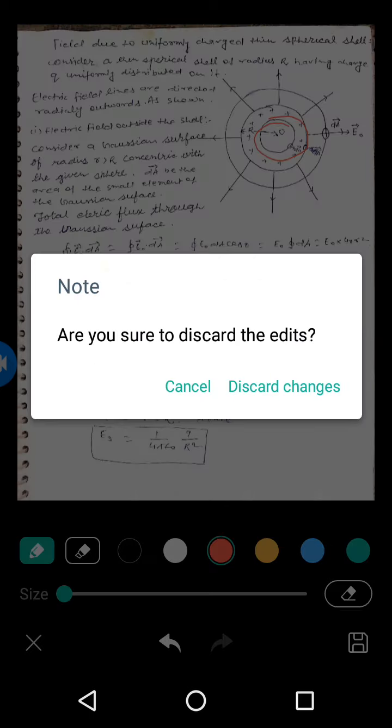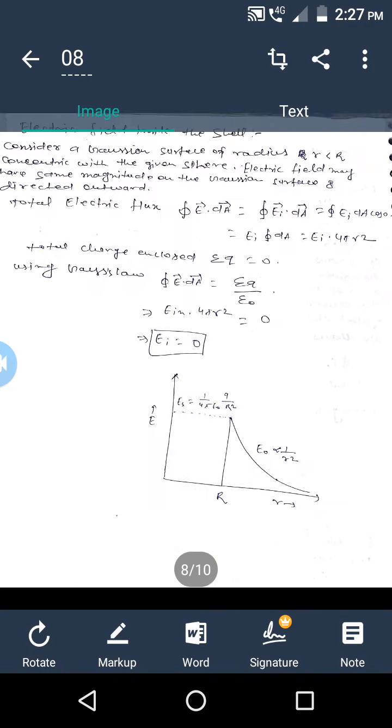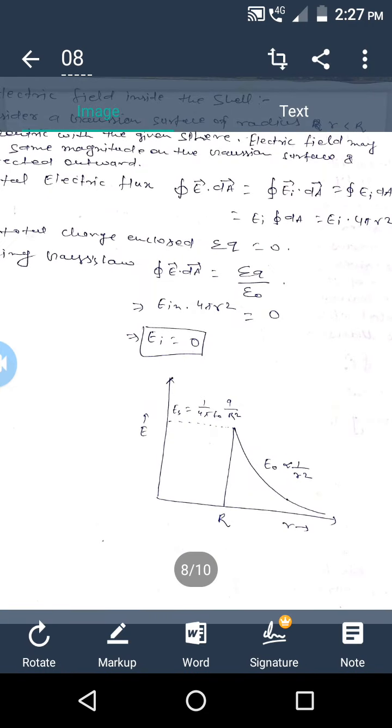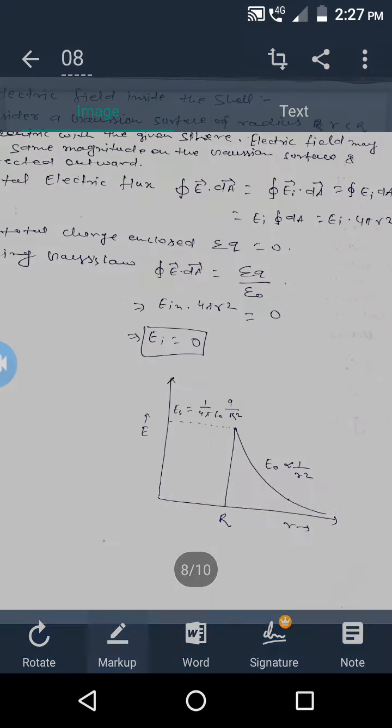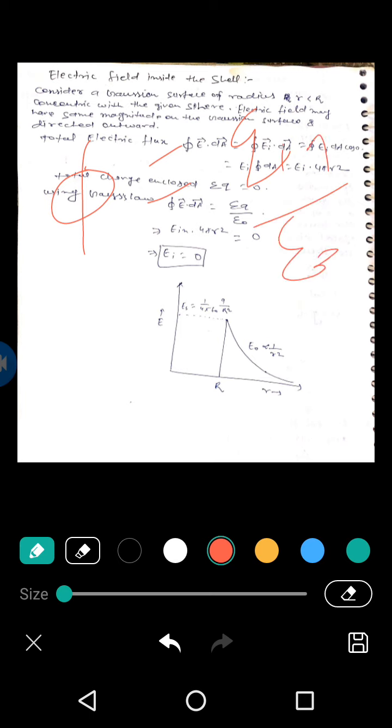Now the Gauss law states that flux phi equals charge enclosed upon epsilon naught, and the flux is E into 4 pi r square.